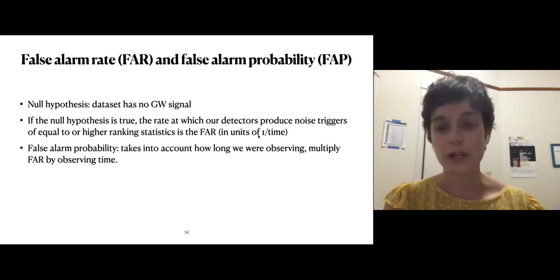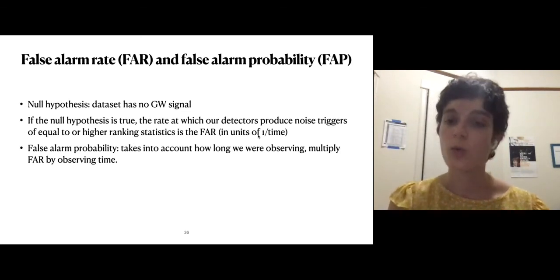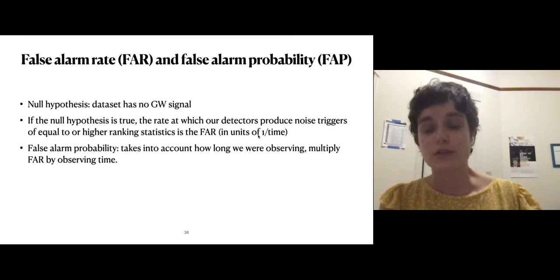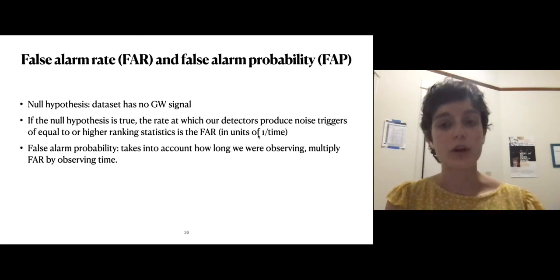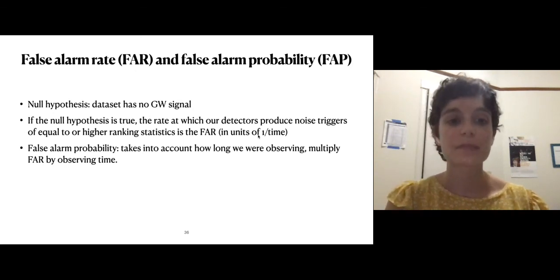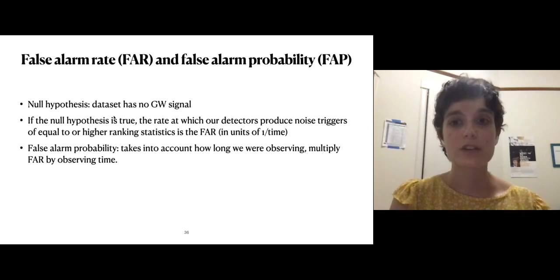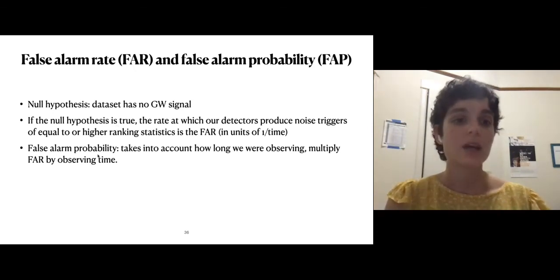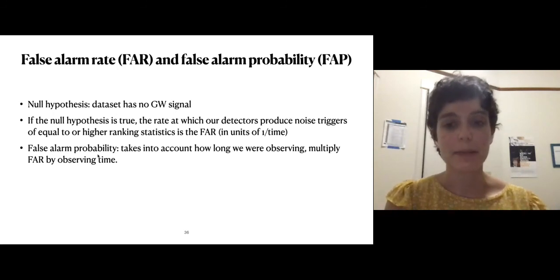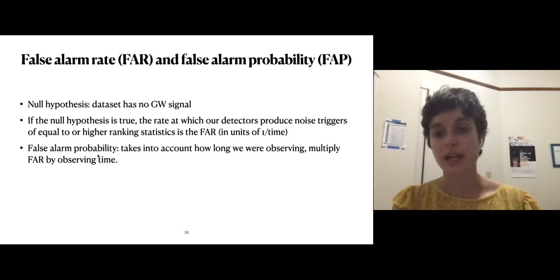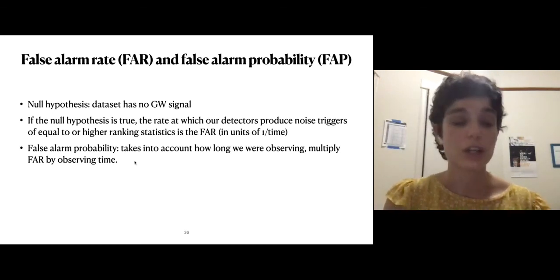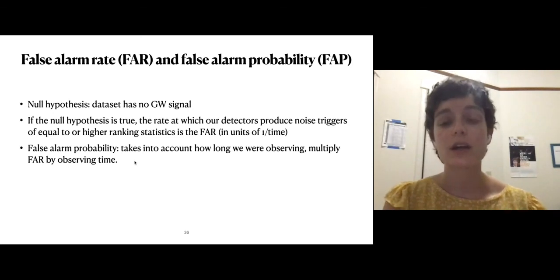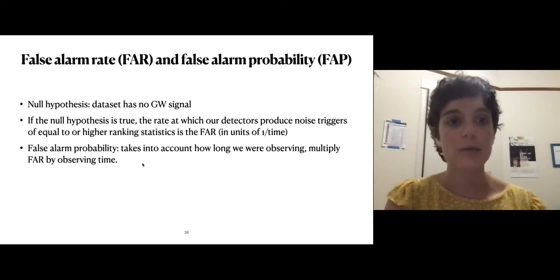The units of that are 1 divided by time. So it can be like 1 in 2 years for pretty quiet signals, or like 1 in a Hubble time for the loudest events. To go from this false alarm rate to a false alarm probability, we just multiply the false alarm rate by how long we've been observing. So if we've been observing for a year and the false alarm rate is 1 per year, the false alarm probability is quite high, right?